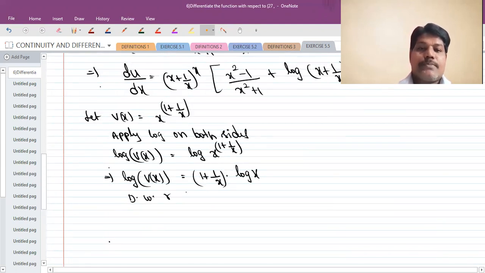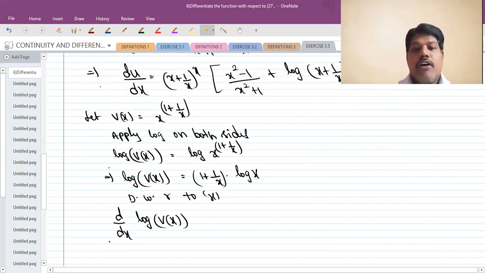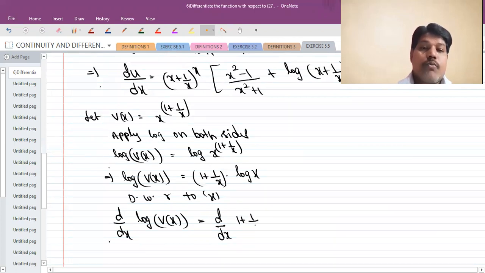Differentiate with respect to x. What happens? The derivative of log of v of x is equal to the derivative of 1 plus 1 by x into log x.